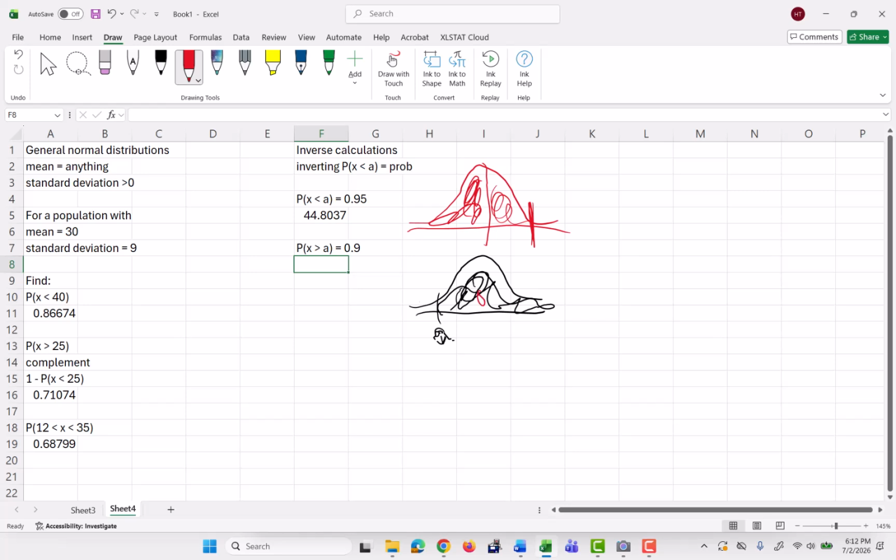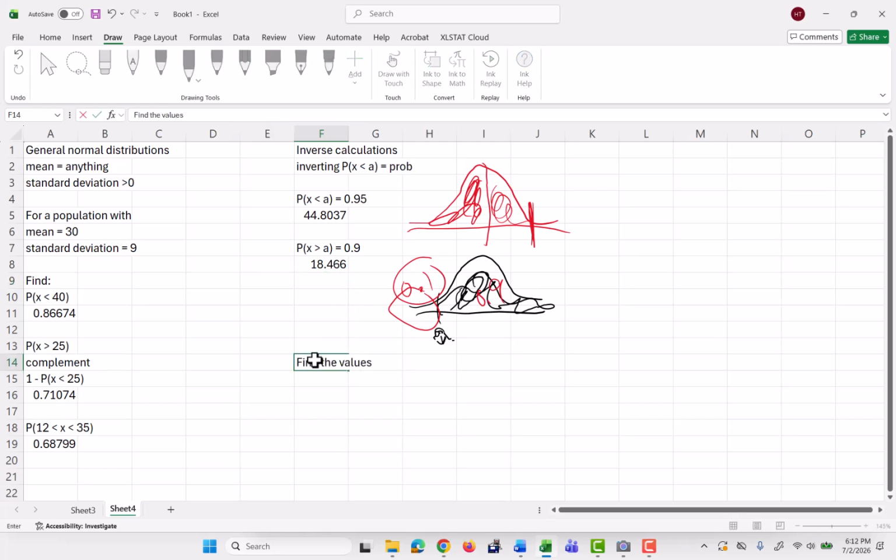So if this is 0.9 in here, the left tail has to be 0.1. And so that's what we're going to use in our inverse calculation. Equals norm.inv, probability of 0.1 with a mean of 30 and a standard deviation of 9. There we go. So 90% of the data is greater than 18.47.